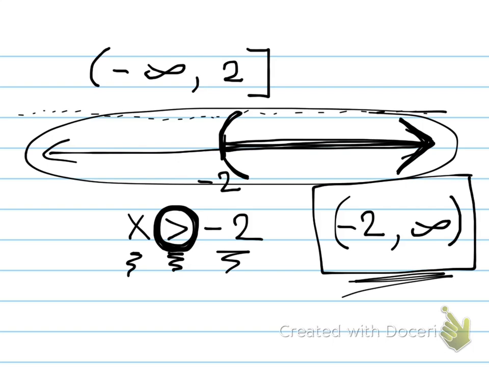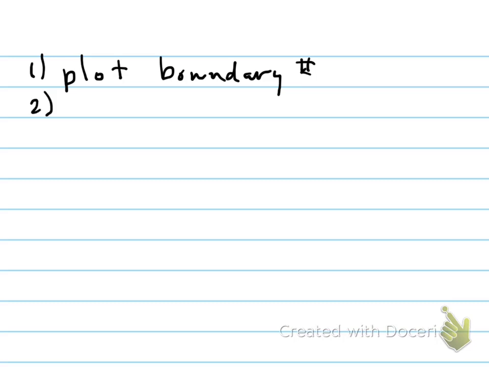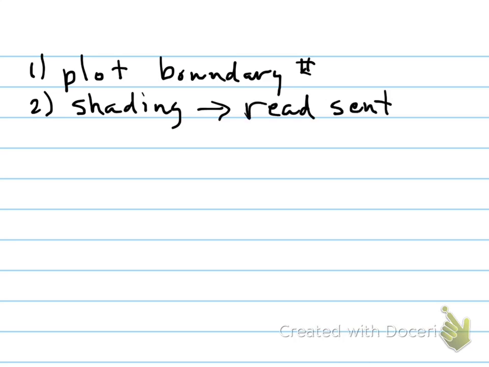Okay? So let's look at some steps. First, plot the boundary number. Second, do your shading. Now when you're doing your shading, read the sentence. Don't just shade in the direction of your symbol. That is not how it works. Read the sentence, make sure. Third, put the parentheses in.